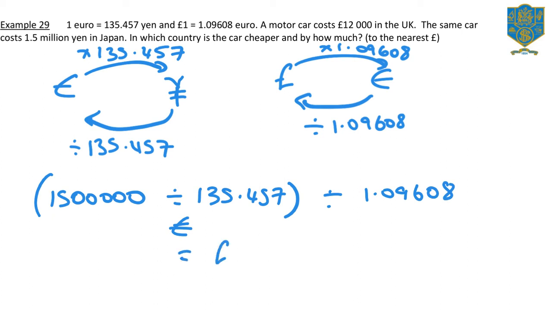And that works out to be £10,102.93. So the Japanese car, so buying in Japan, is going to be cheaper. So if we take that from 12,000, it's cheaper by £1,897.07.